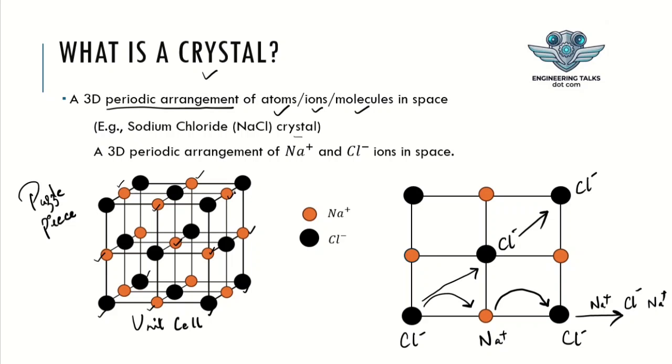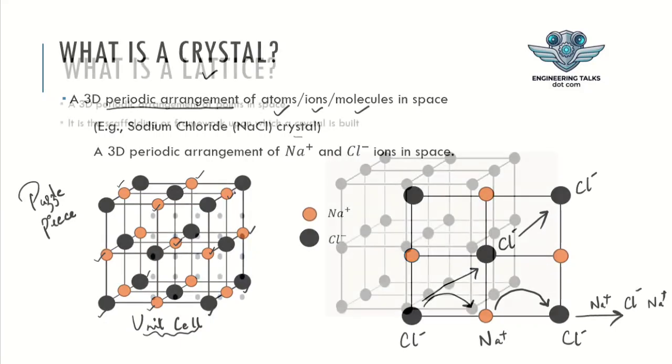A crystal is a tangible solid, right? A crystal is a macroscopic visible object, and that is formed by stacking billions of these unit cells in all directions in a repeating grid.